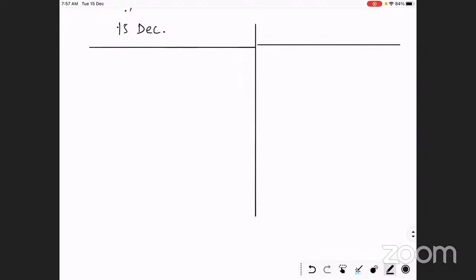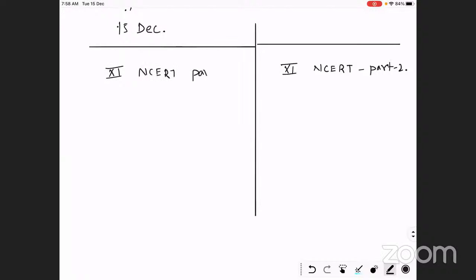After completing semiconductor, Babho sir will teach the complete 11th NCERT part 2, and I will teach the complete 11th NCERT part 1. But my speed will be high, and I'll focus more on questions because I believe your theory portion is very good in NCERT part 1. Am I right? Theory portion is okay in NCERT part 1.